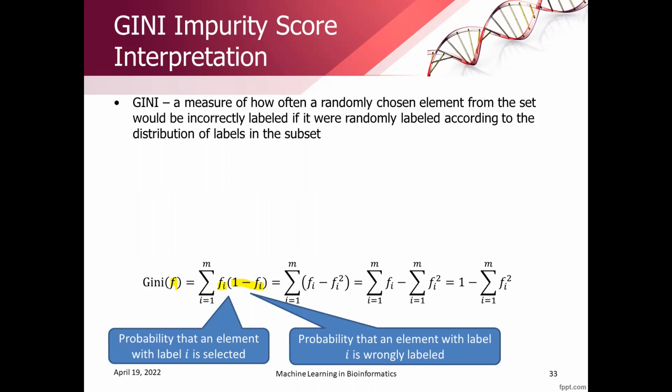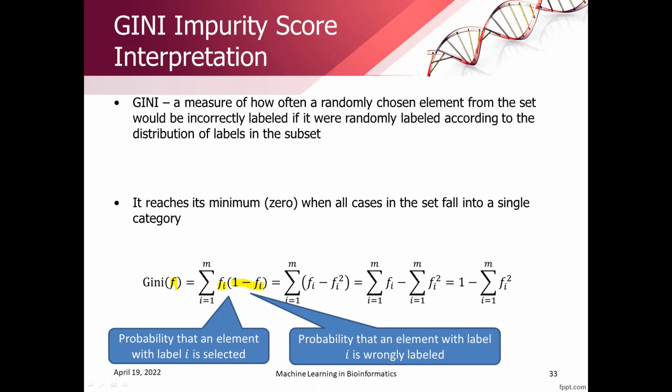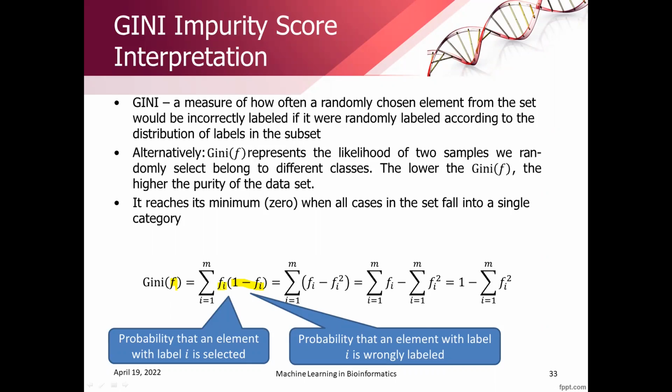So this is one interpretation, but there is also an alternative interpretation: this is the likelihood that, if we randomly select two samples, they belong to different classes.